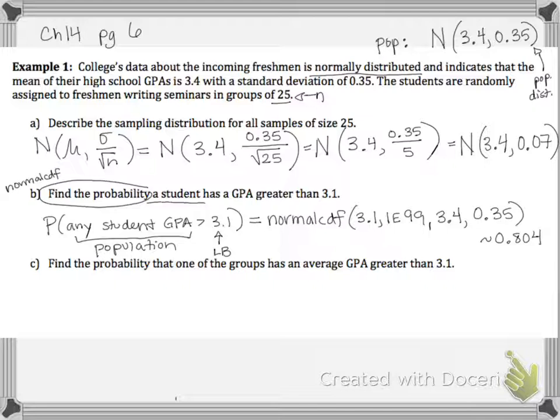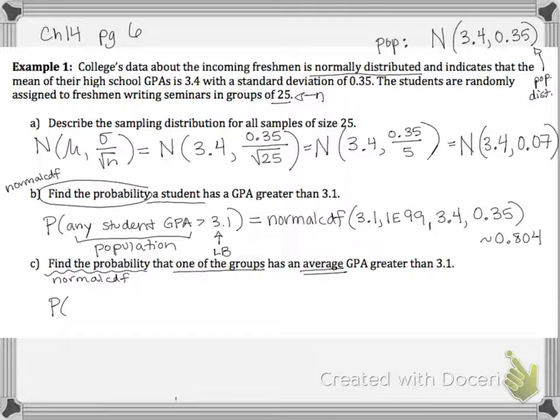Okay, let's read carefully here for the next part. Find the probability that one of the groups has an average GPA greater than 3.1. Okay, so first of all, this same language, find the probability, still means we're using normal CDF. But now we're talking about a group average.